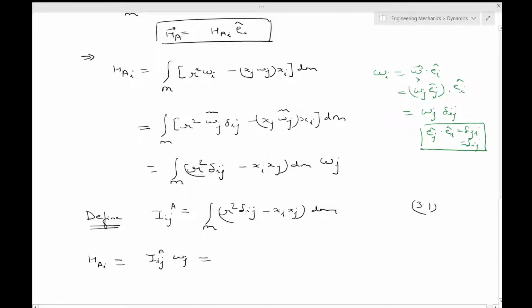Now we can use the index notation over here. So the summation has to be done over the repeated index, which is j over here. This would mean that I1A omega 1 plus I2A omega 2 plus I3A omega 3.